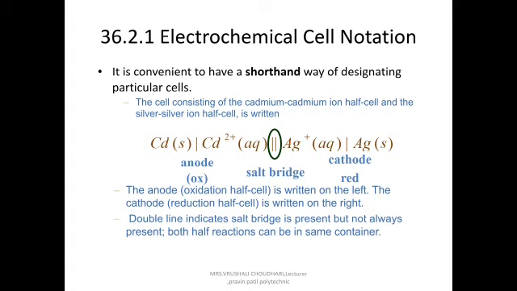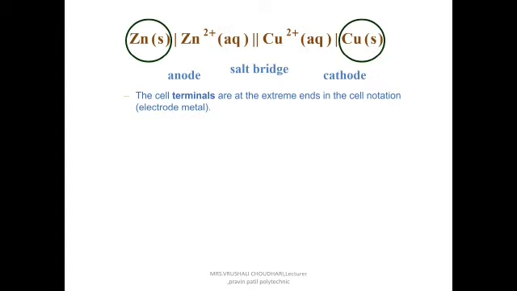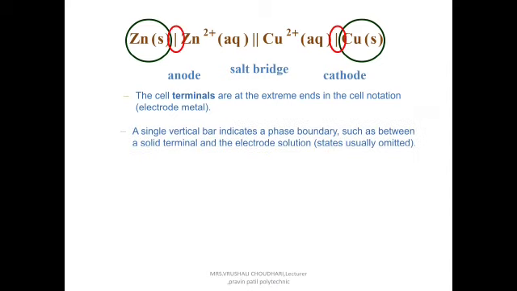It is not always present. These terminals are called the metal electrodes, cathode and anode. The vertical line expresses the boundary, meaning solid to liquid state.